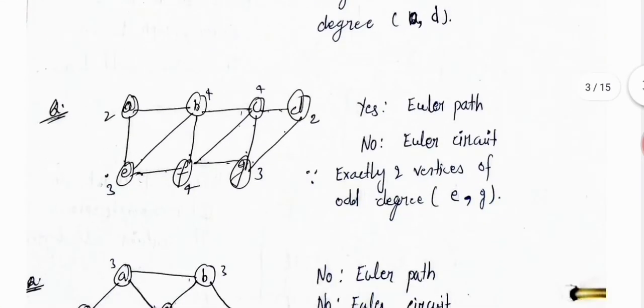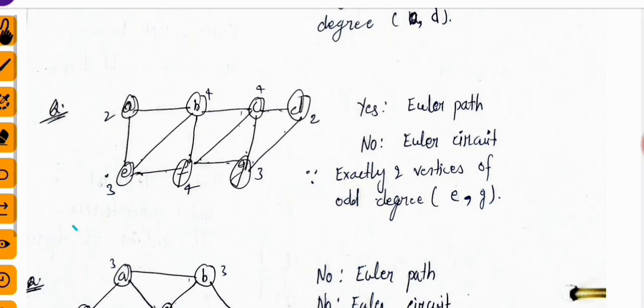Now come to the next question. Here the graph is given like that and it contains exactly two odd degrees, like vertex E has 3 and vertex G also has 3 degree, that is your odd. So we say that yes, an Euler path exists but an Euler circuit does not exist. Now come to the next question.